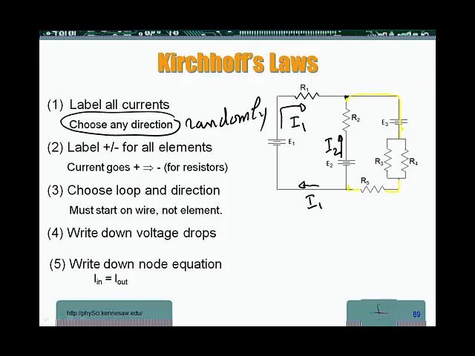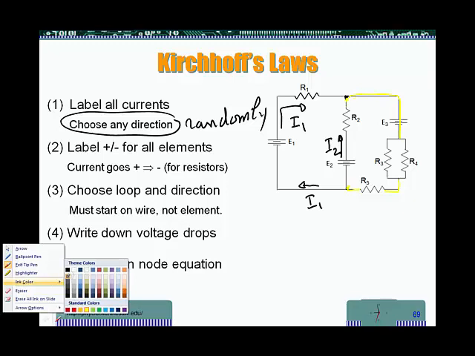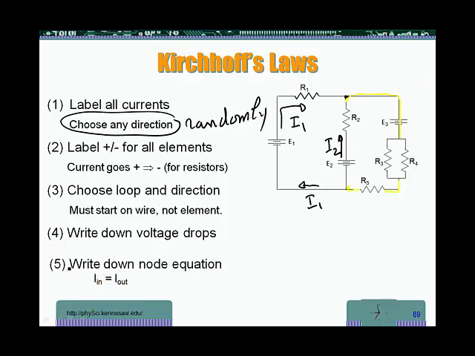So whatever I have in yellow here, that's one wire that should have the same current. I'm going to keep the yellow there. I'm not going to remove it this time. That current, let me call it I3, and I'm going to randomly choose it oriented like that. So this is I3.